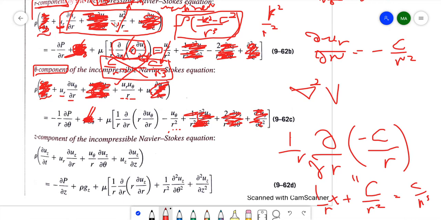In the end, the R momentum equation will yield minus partial P by partial R equal to, let me take the minus outside here for this one, rho K squared plus C squared over R cubed.